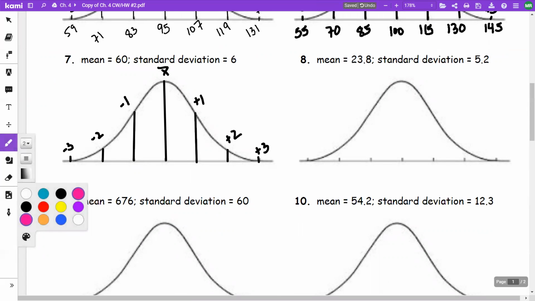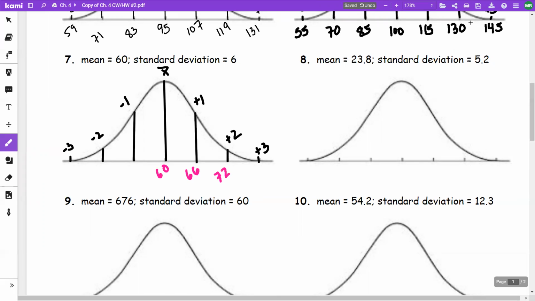This one has a mean of 60 and a standard deviation of 6. So this is going to be 66, add 6, 72, add 6, 78. Going backwards, I'm going to take off 6, I end up with 54. I take off 6, I get 48. I take off 6, I get 42.